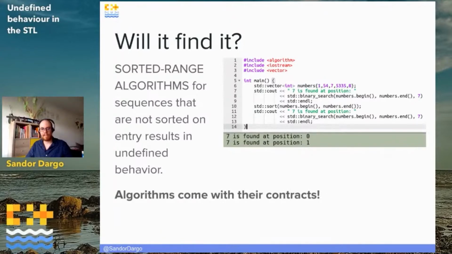Again, you have to repeat that C++ is a language where it's really important that you pay for what you use. And if you want to use binary search, it implies that you already pass in something sorted. It would be expensive to run some sortedness checks at each call of binary search. You have to remind yourself that algorithms come with their own contracts.